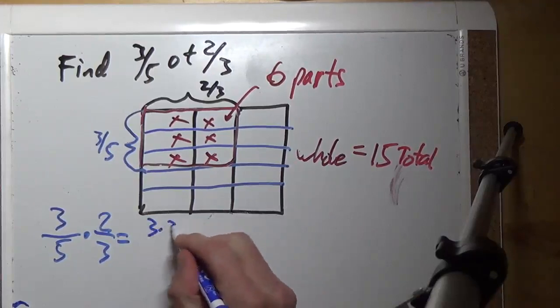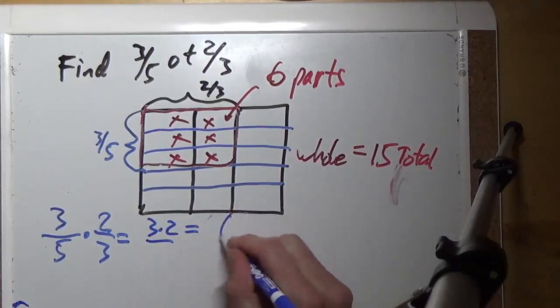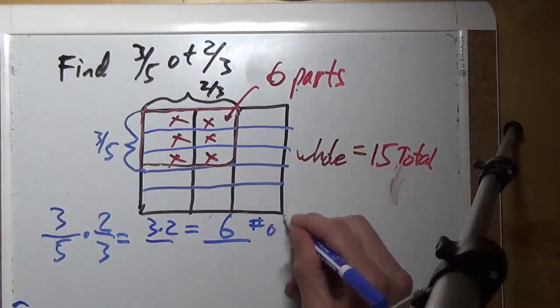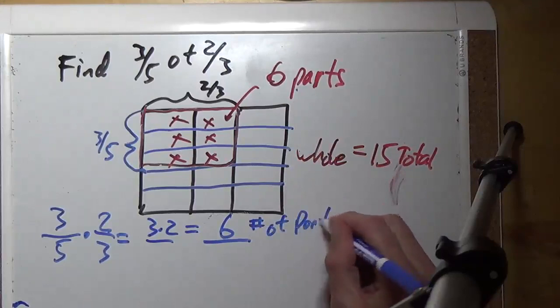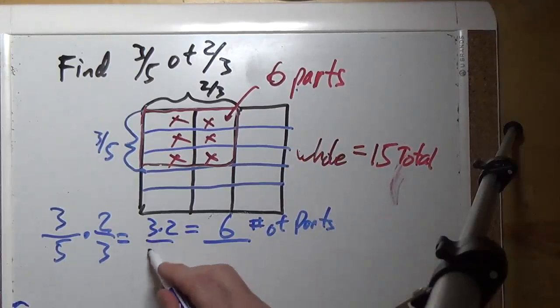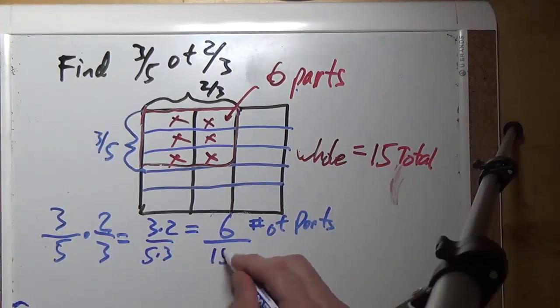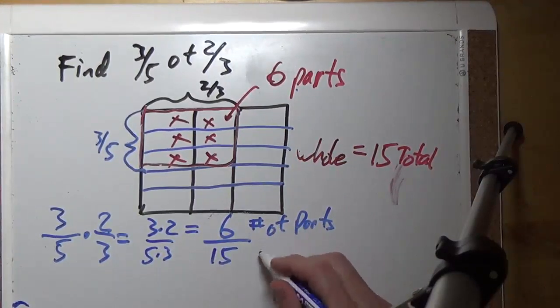Multiplying straight across. That gives me the number of parts. And then multiplying straight across the denominator gives me the total in the whole.